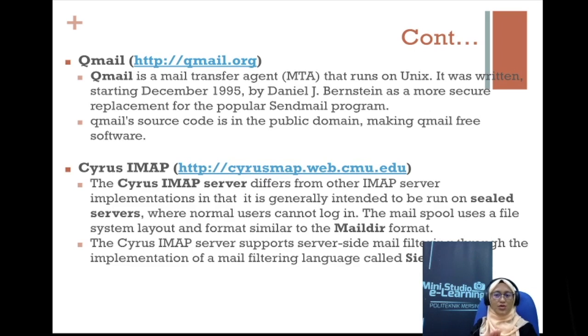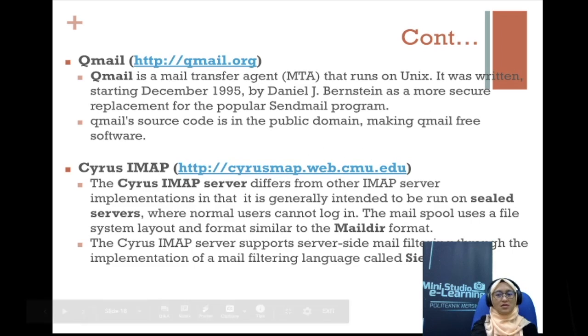The mail spool uses a file system layout and format similar to the Maildir format. The Cyrus IMAP server supports server-side mail filtering through the implementation of a mail filtering language called Sieve.